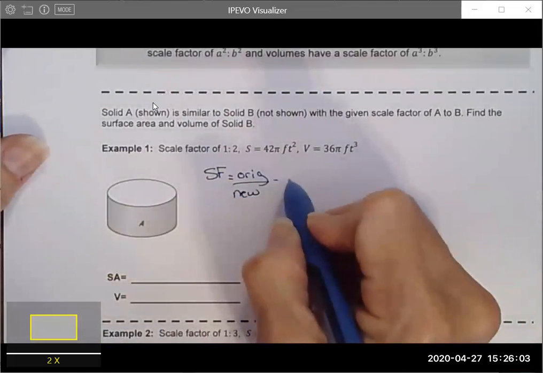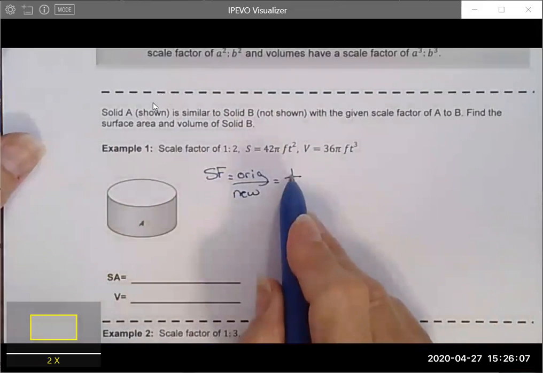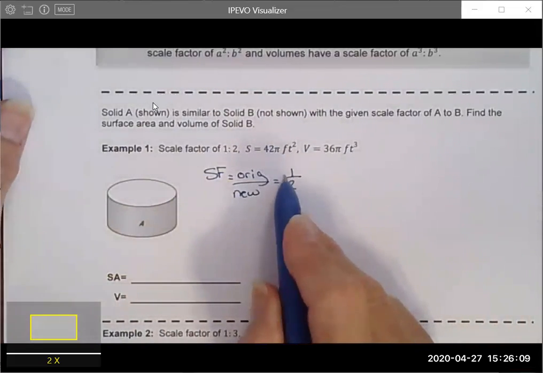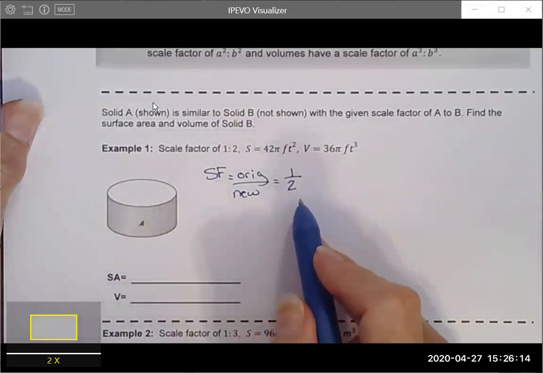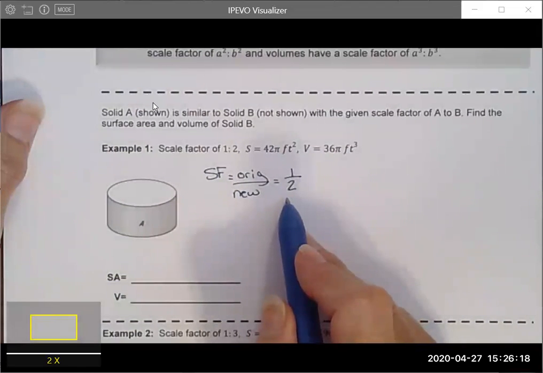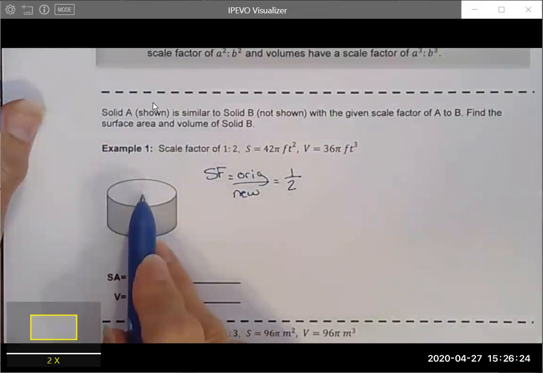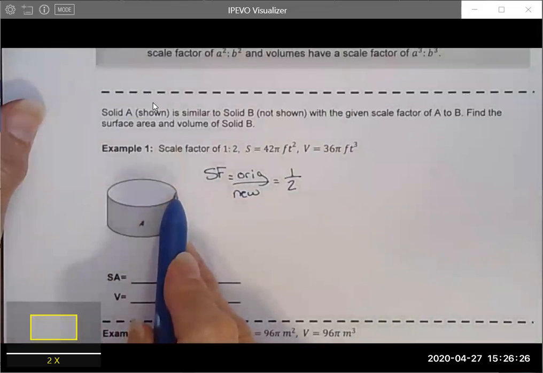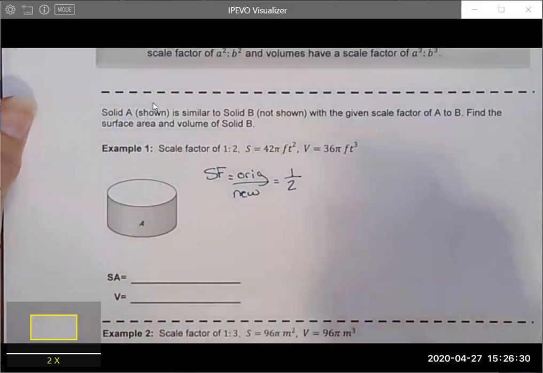And in this case, the new shape is twice the size of my original. It's a little misleading because it almost makes it look like the new shape is going to be half the size, but it's actually the reverse. Okay, so that means if the radius of my original shape was 5, the radius of my new shape will be 10. Just to give you a little concrete example there.